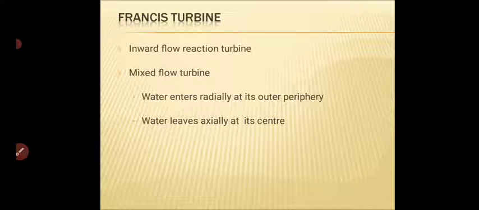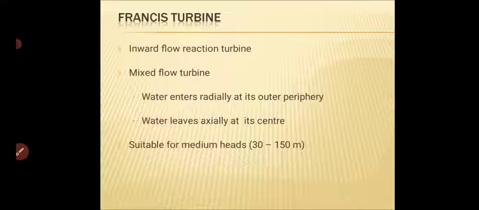Water enters radially at its outer periphery and leaves axially at its center. The Francis turbine is an example of a reaction turbine. In this, water enters radially at the outer periphery of the runner and leaves axially through the center.